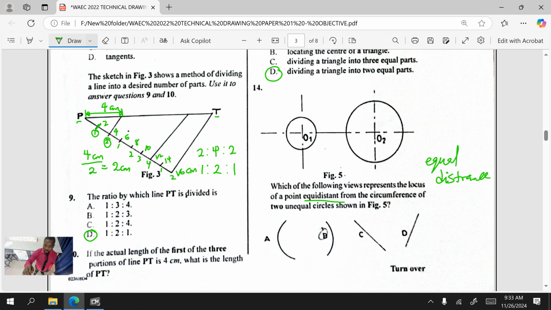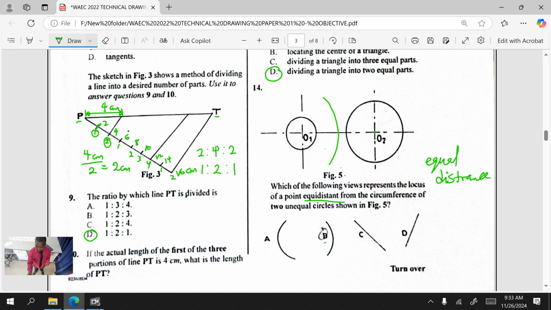If you look at this circle with center O1 and this circle with center O2, do you get it now? So there are 2 unequal circles, and you are asked to draw a locus having equal distance from their circumference. When you are drawing this, the shape is going to be formed like this. Can you see that? That's how the shape will be formed, hugging the bigger circle.